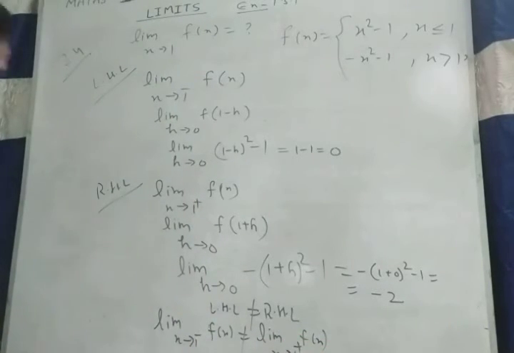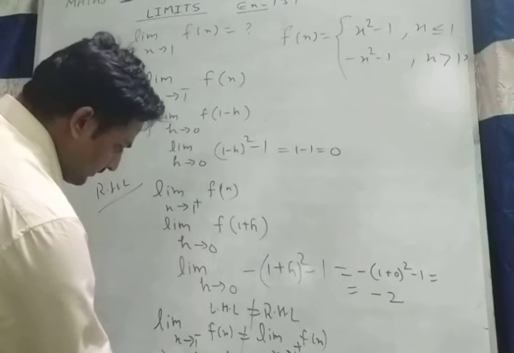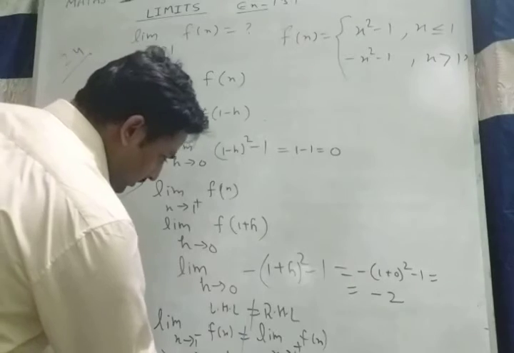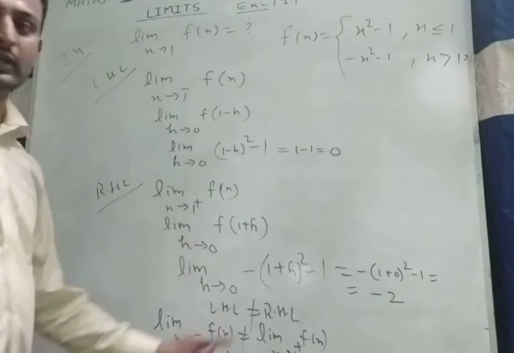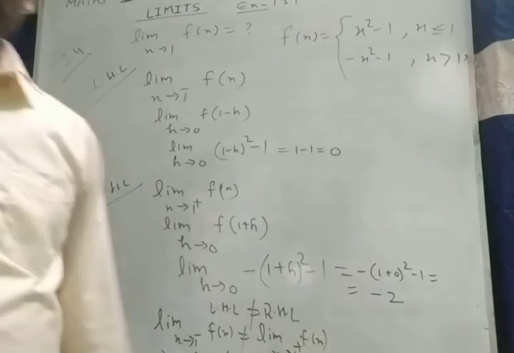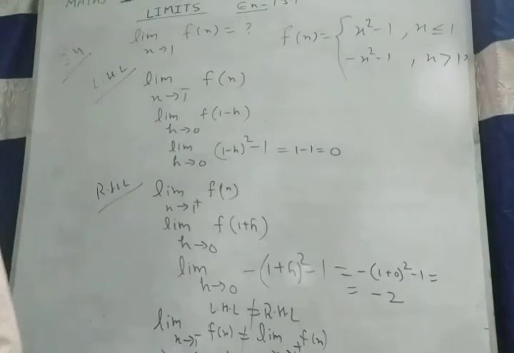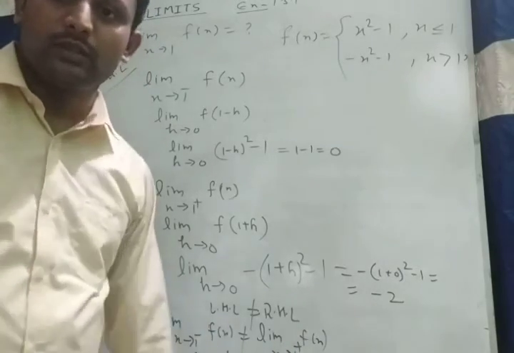This implies the limit does not exist. Okay, so we can write limit does not exist. So if the left hand limit and right hand limit are not equal, then we can say that the limit of the function does not exist.